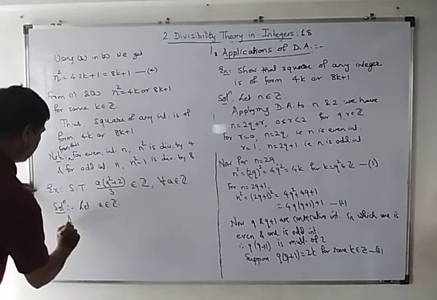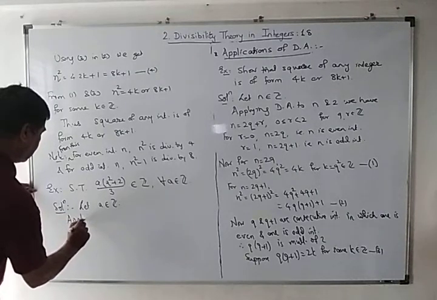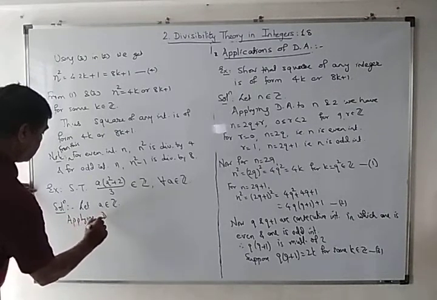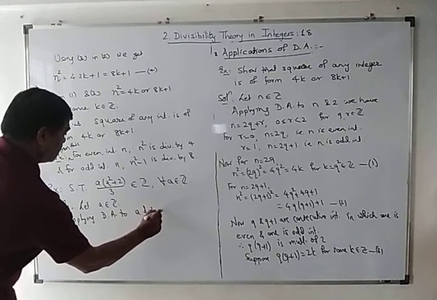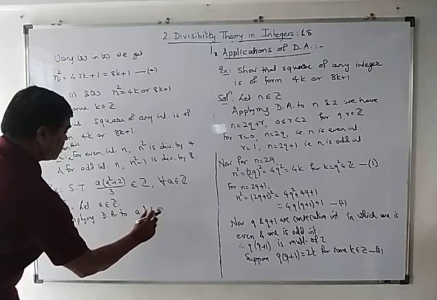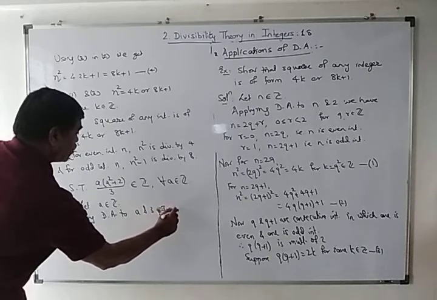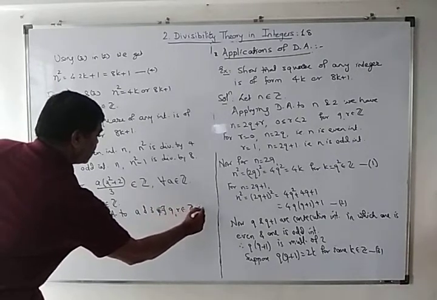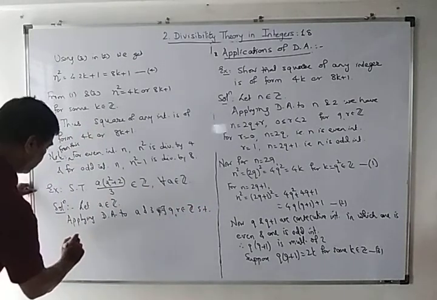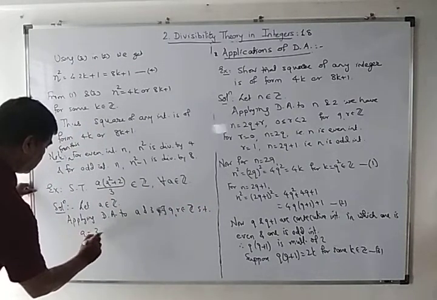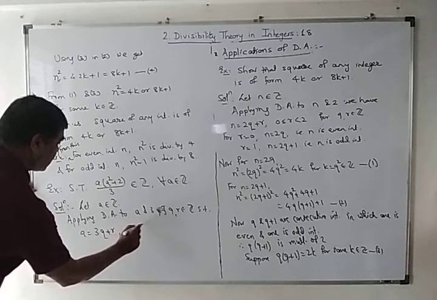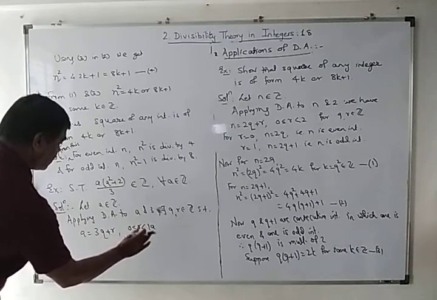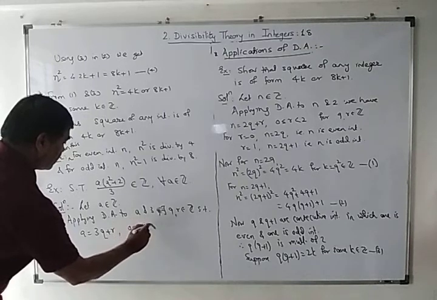So applying the division algorithm to a and 3, there exist q, r belongs to Z such that a equal to 3q plus r, where 0 is less than or equal to r less than mod 3.